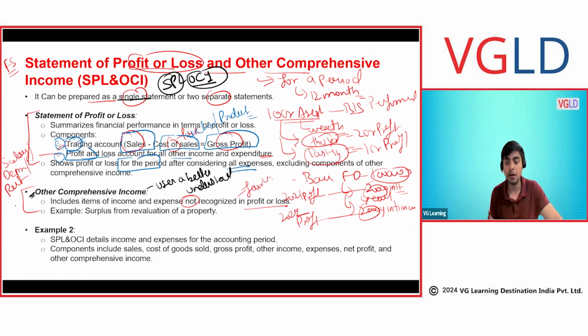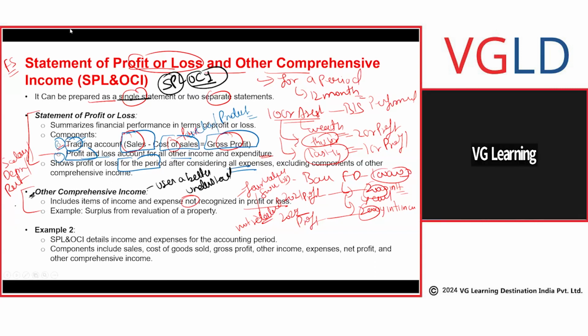Fair value gain or loss, not realized. We'll understand this realized, non-realized part later on. But for the time being, realized or not realized means that the fair value has changed, but we have not sold the asset. And similarly, can the same thing happen for liability? But let's not complicate here.